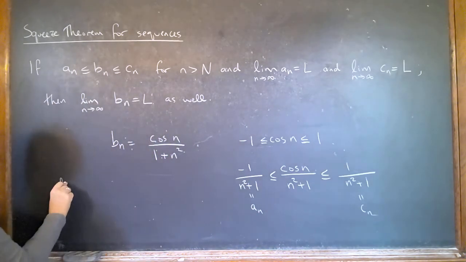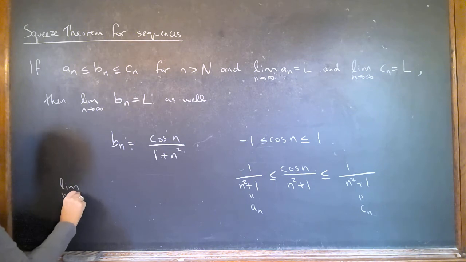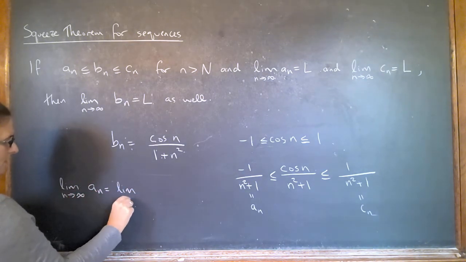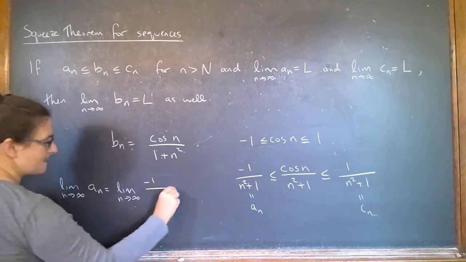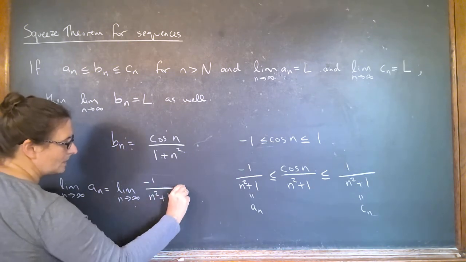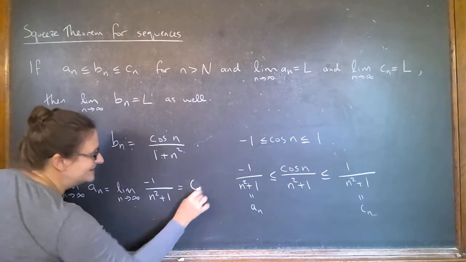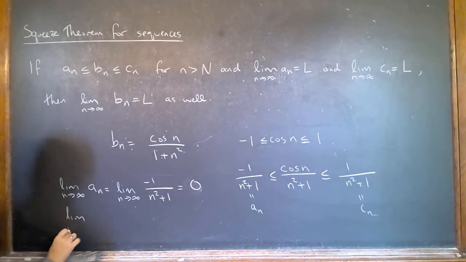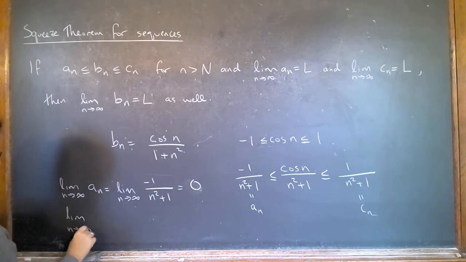So the limit as n goes to infinity of an is clearly 0, right? And then the limit for my other guy is also clearly 0.